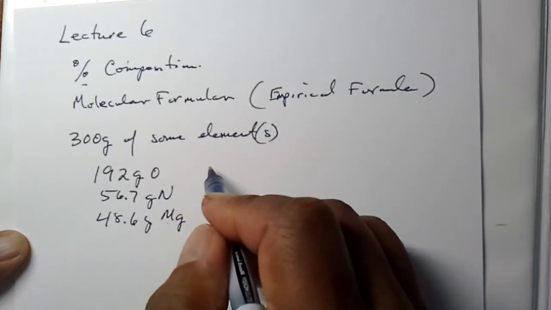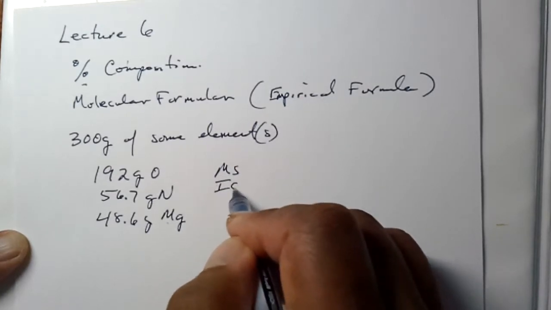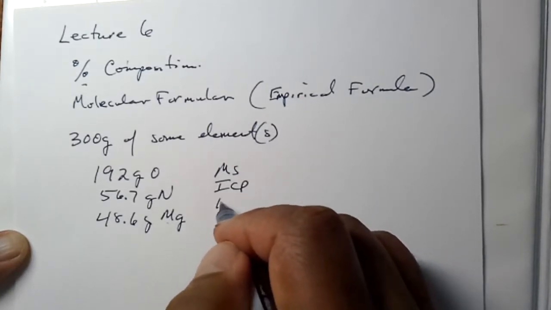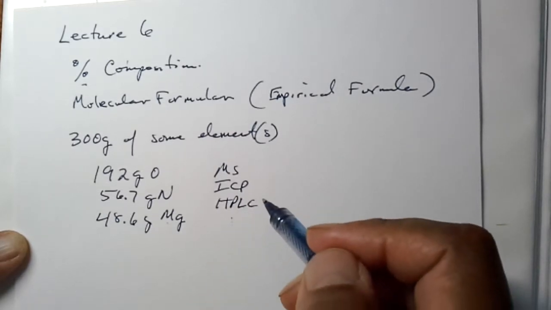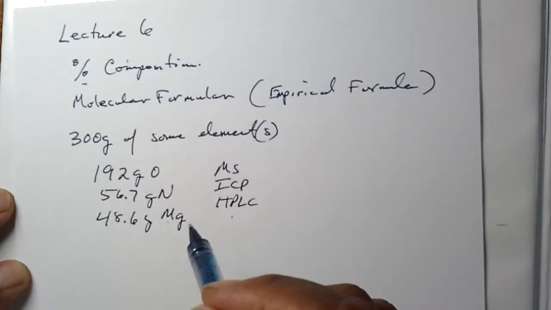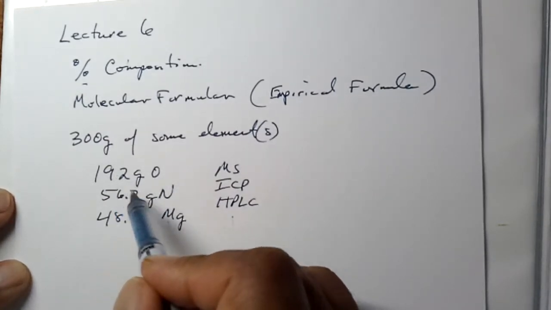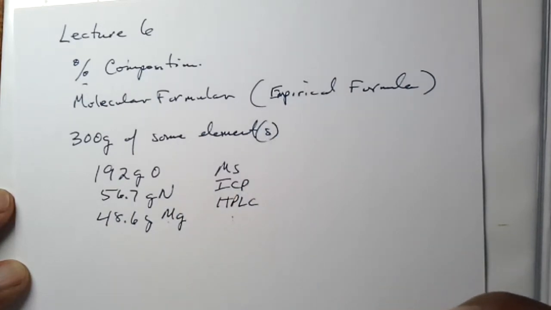Again, we can do this by mass spec, ICP, HPLC, a number of different sophisticated analytical techniques that will tell you how much and in what ratio these elements are.